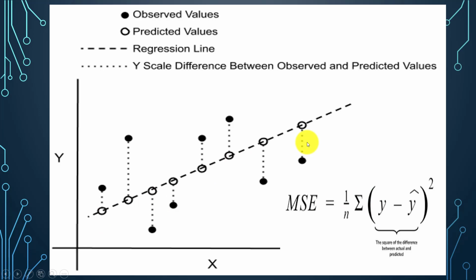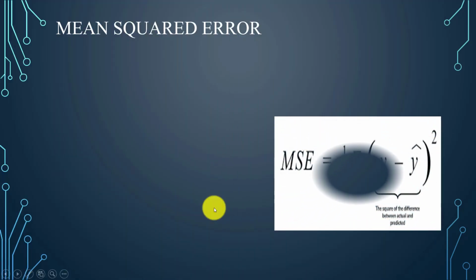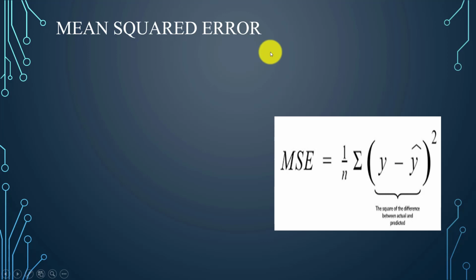Now here we are talking about the mean squared error, so we take the sum of all error points and divide it by n. Now n is nothing but the number of observations or number of data points. The difference between these two points is nothing but the error, and it must be positive, that's why I make the square. So mean squared error can be found by using this formula.